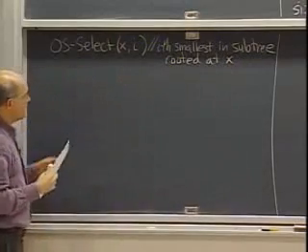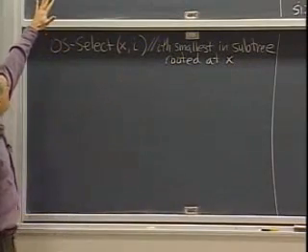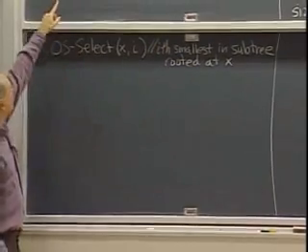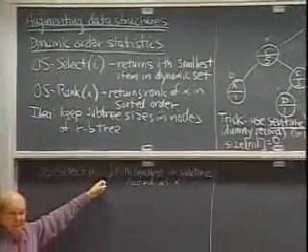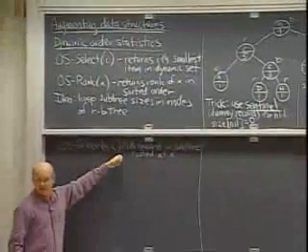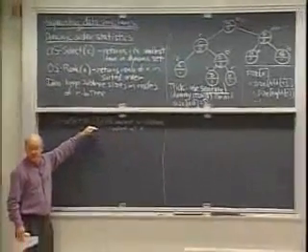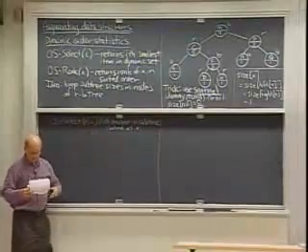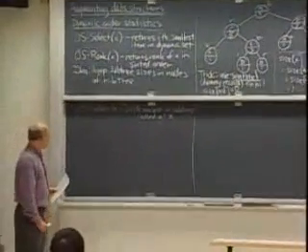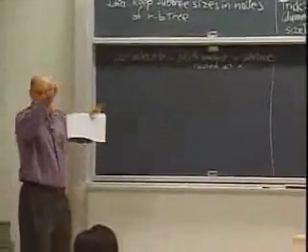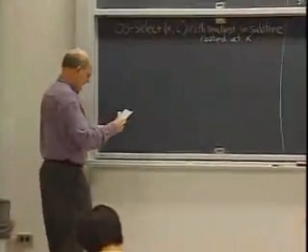It's actually going to be a little bit more general. If I want to implement the OS-Select I have up there, I basically give it the root. But we're going to build this recursively, so it's going to be helpful to have the node in which we're trying to find the element.